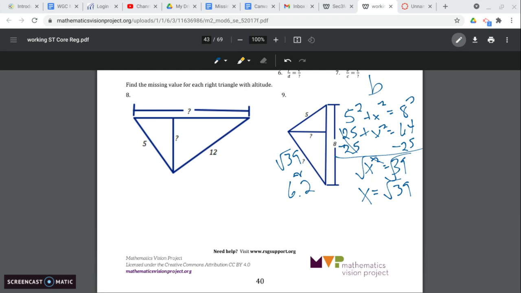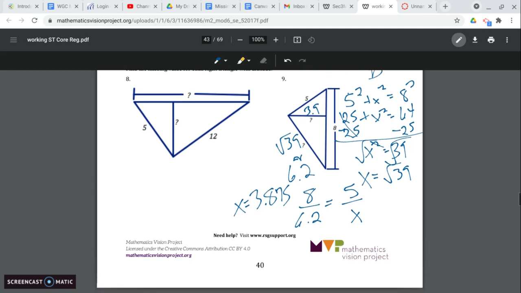So we're going to take 8 over 6.2 equals 5 over x. So we cross multiply and solve this. So 6.2 times 5 is going to give us 31 divided by 8 will give us x equals 3.875 or approximately 3.9. So that would be the length there for that middle part.